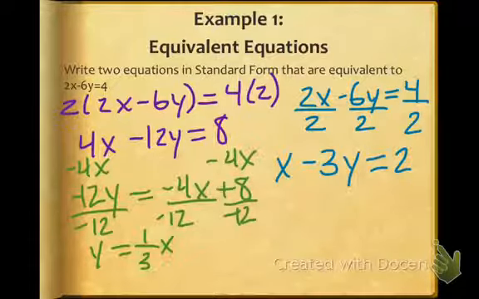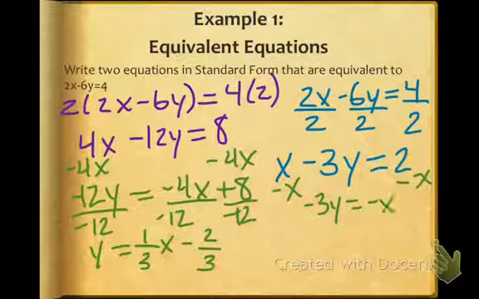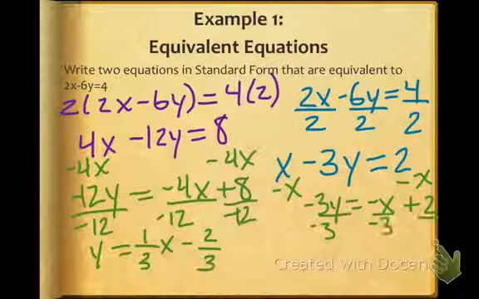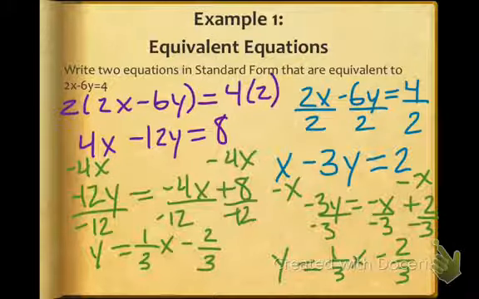And positive 8 divided by negative 12 becomes minus 2/3. And on the other side, if I subtract x from both sides, I'm left with negative 3y equals negative x plus 2. Divide by negative 3, and I'm left with y equals negative 1x divided by negative 3 becomes 1/3 x minus 2/3.